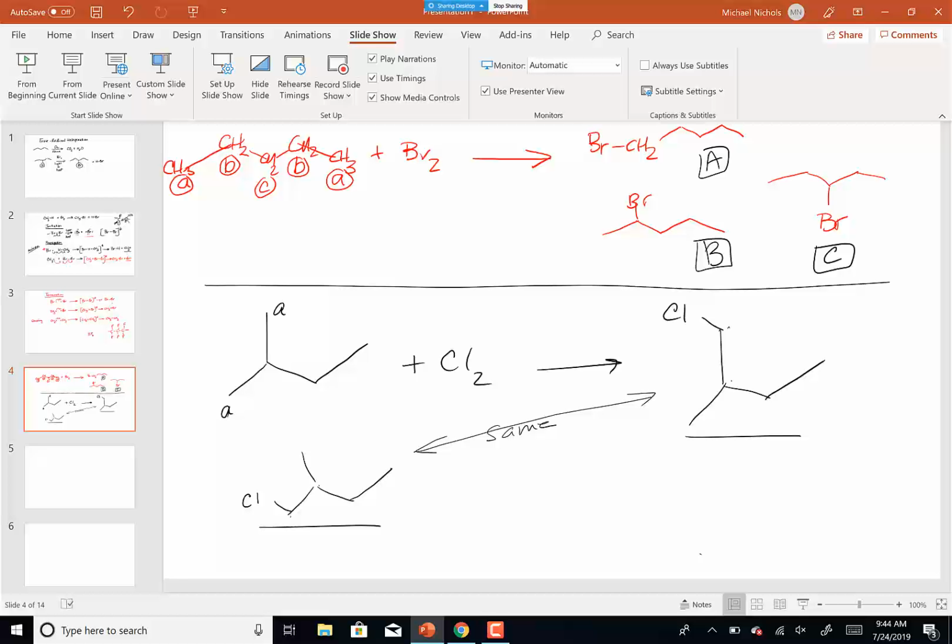Now, here's a real easy way to at least get the unique ones right off the bat. A CH3 is never going to give the same product as a CH2, which is never going to give the same product as a CH. So if you've got a CH3, CH2, and a CH, they're all going to give different products. The question is, if you have 2 CH3s or 3 CH3s, are they going to give the same product?